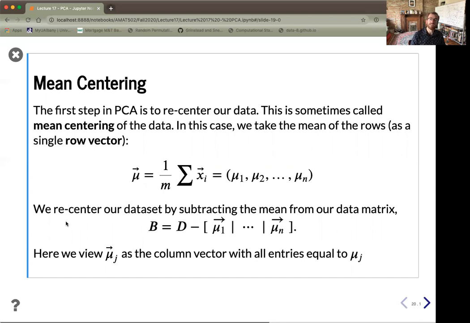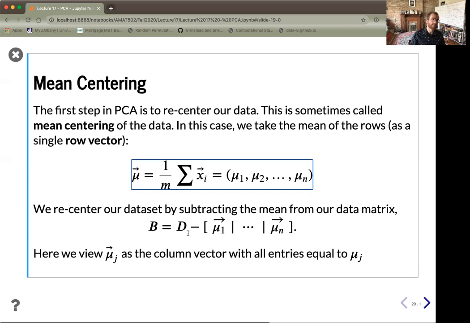And so we can then recenter our data to see if particular samples are above or below the mean for that particular feature, by treating this entry mu 1 as a column vector filled with mu 1s, and doing that all the way up through mu n.